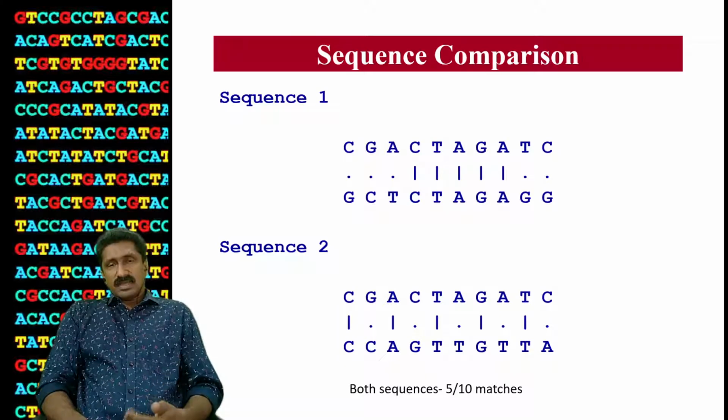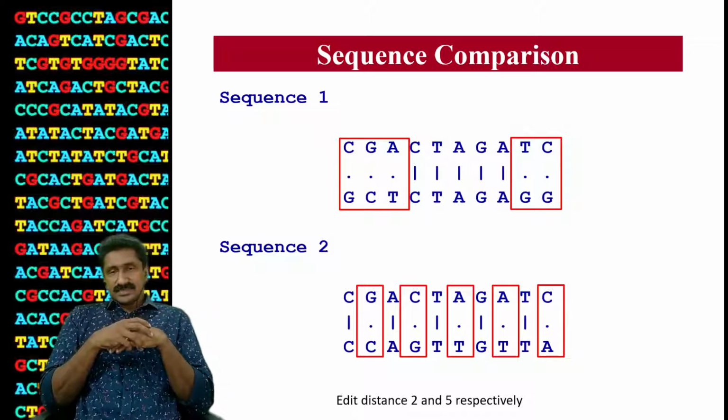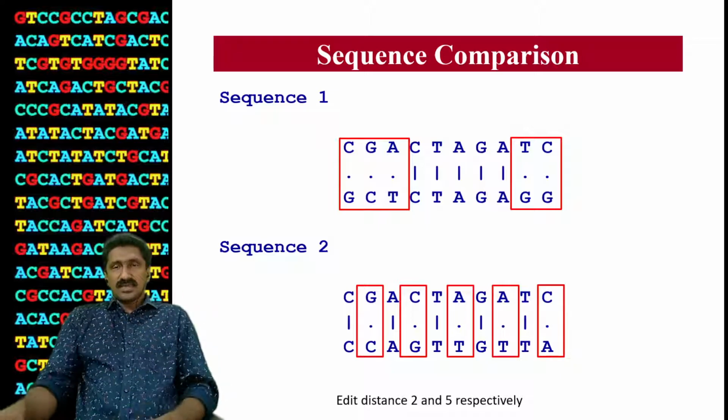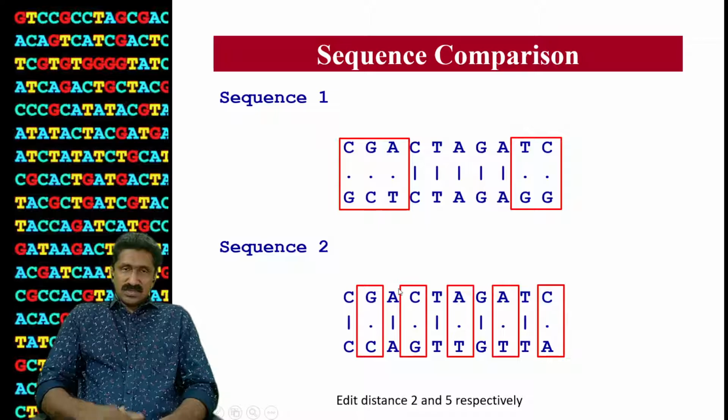But as we discussed in the previous session, when we consider the edit distance, it is actually only 2 for the first, and it requires 5 different editing or mutation events on the second sequence.